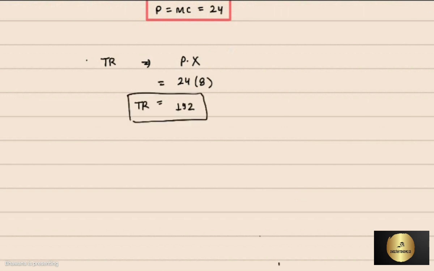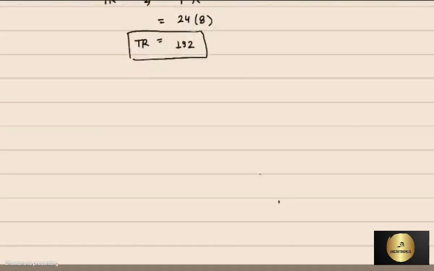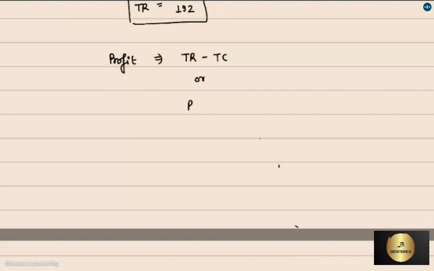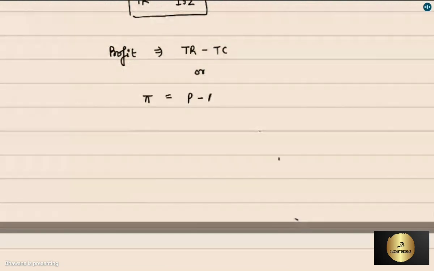And profit, as we know, profit is equal to total revenue minus total cost, or simply you can write the profit function as P minus average cost into X. P represents the average revenue.